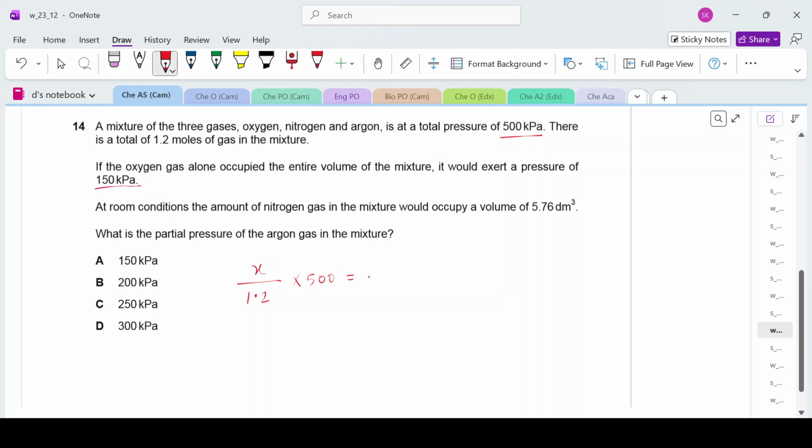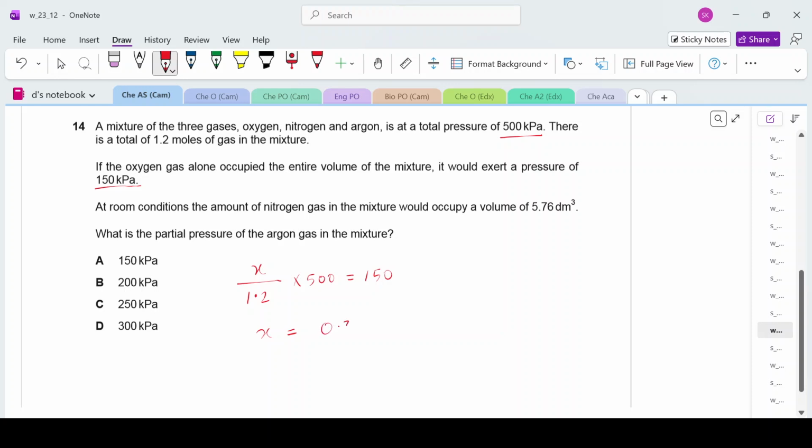So এখানে 150 দিয়ে আমরা x এর ভ্যালুটা বের করি. শুধু অক্সিজেন থাকতো, তাই না? তাহলে it is 150 into 1.2 divided by 500, 0.36.